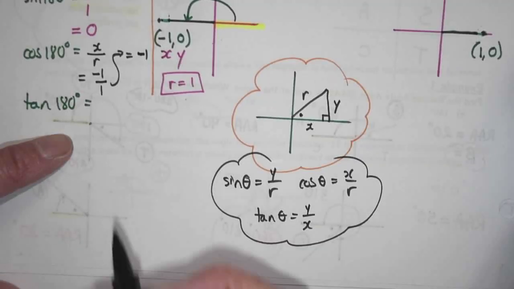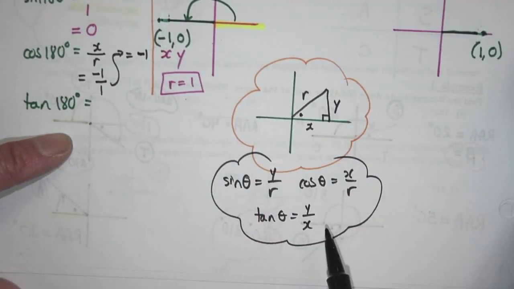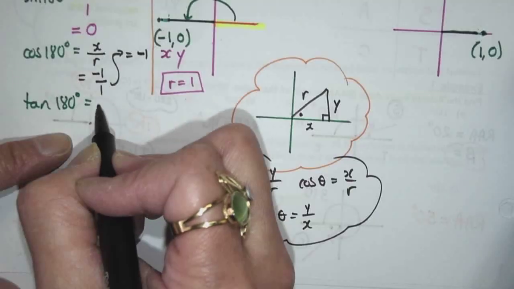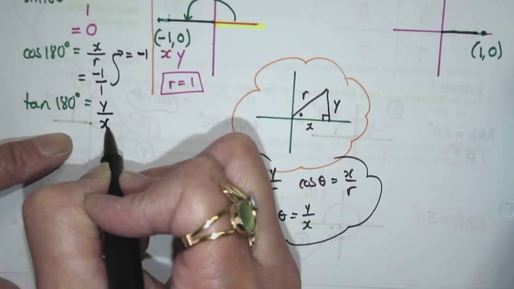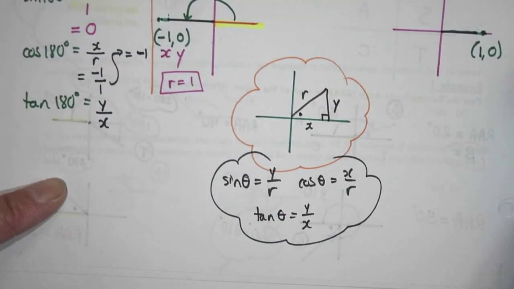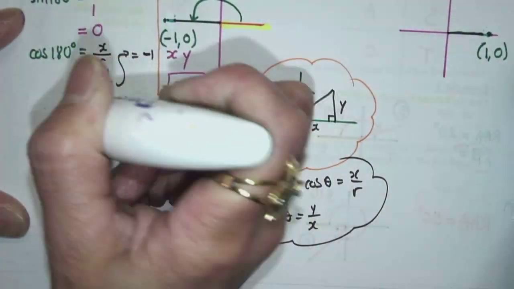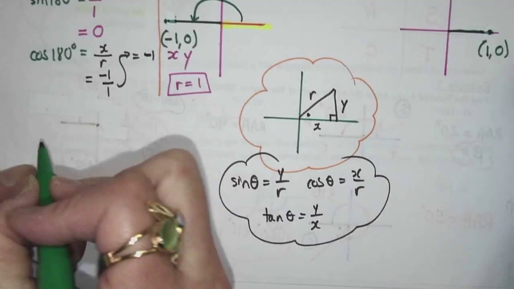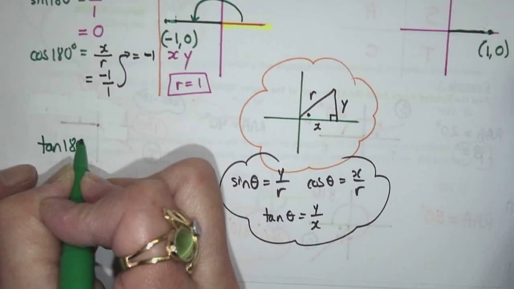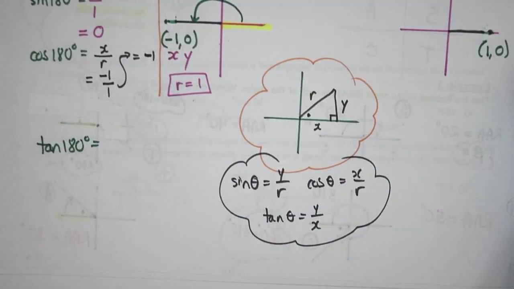Okay, try it again. Tan of 180 is y over x. Sorry, I'm going to rewrite this. Tan of 180 is, this is why I left so much room, so you can do your formula.